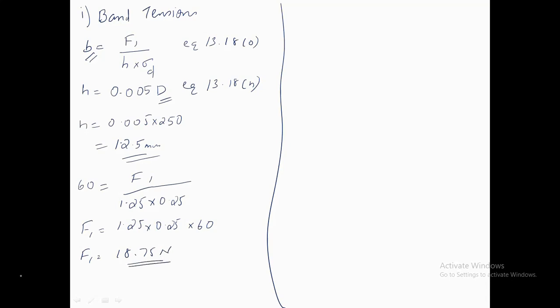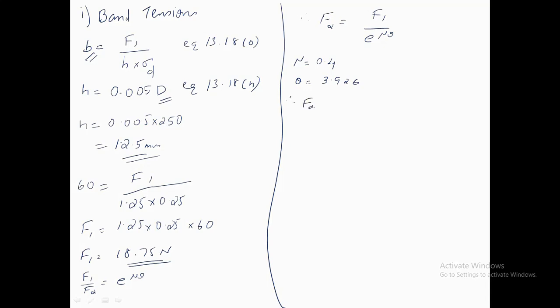Also, we can calculate F2. As you know, F1 by F2 is equal to e raised to mu theta. Since we know F1, F2 is equal to F1 divided by e raised to mu theta. We know mu is equal to 0.4 and theta is equal to 3.926.